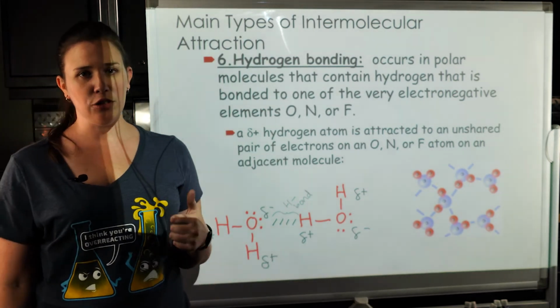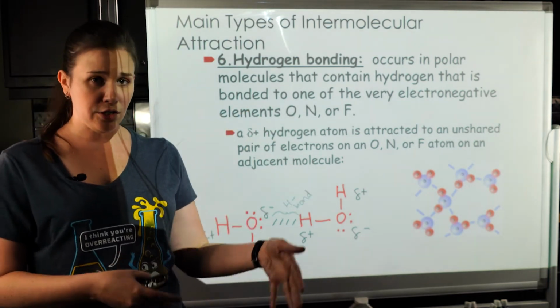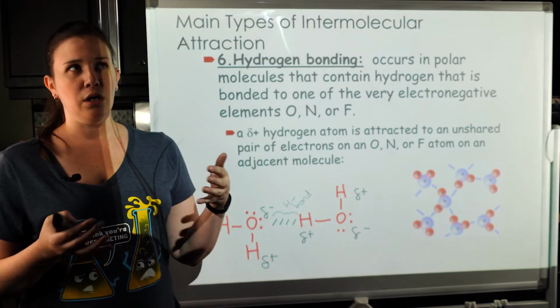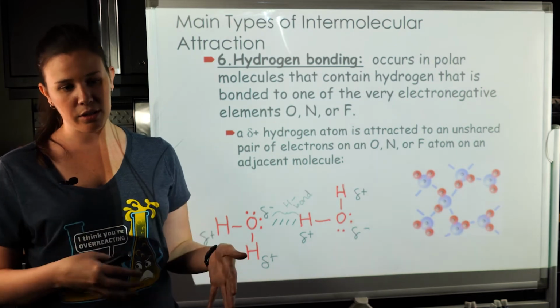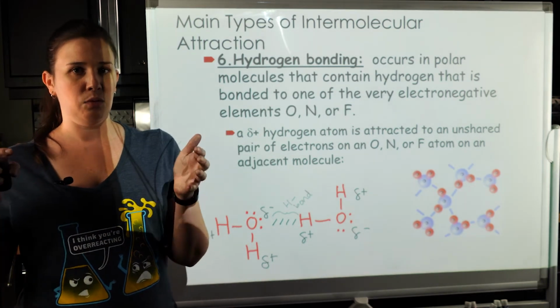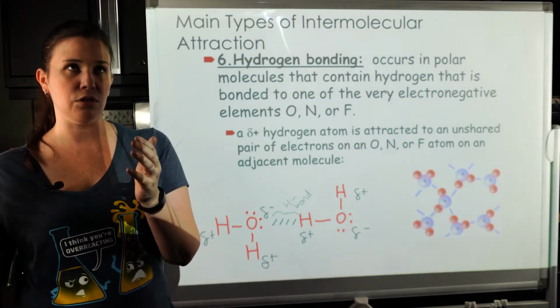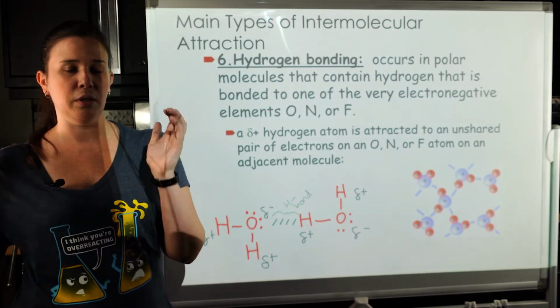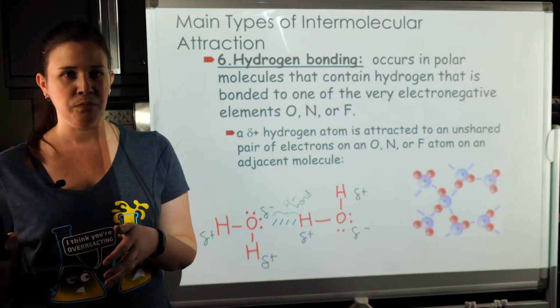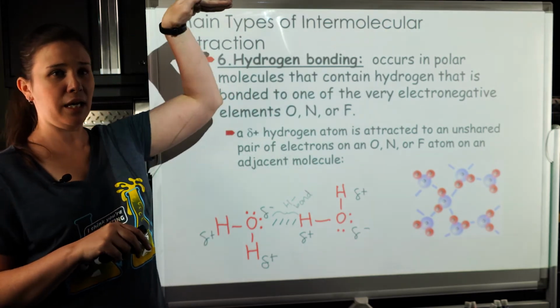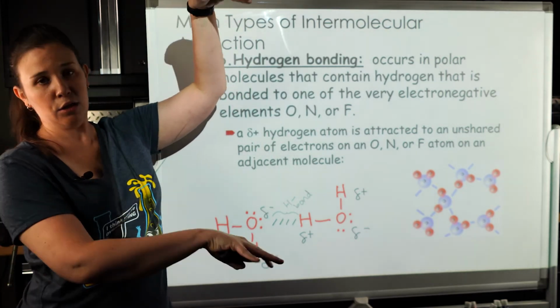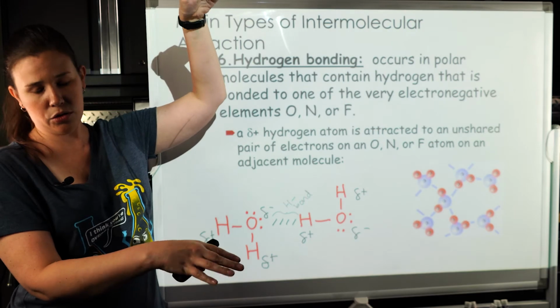In order to have a hydrogen bond, you have to have a hydrogen, which is the nonmetal with the lowest electronegativity. And then we have to have nitrogen, oxygen, or fluorine, which are the nonmetals with the highest electronegativity. So it's going to be in between ions having full charges and any old polar molecule having just some partial charge.